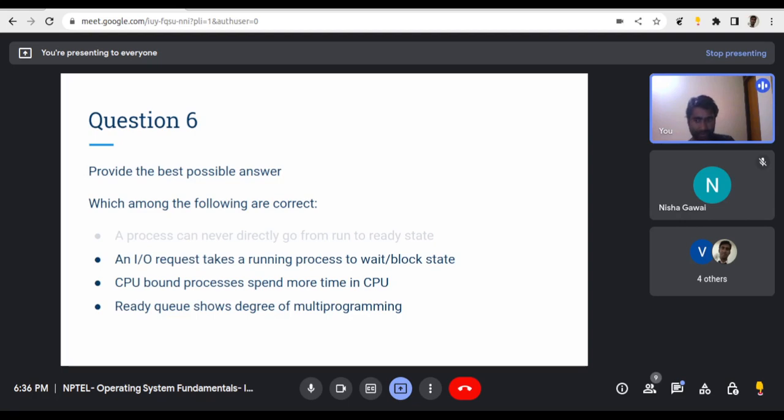Which process will be picked up from the ready queue is determined by a scheduler known as the short-term scheduler. The short-term scheduler becomes very important because, depending upon the process that it picks up for execution in the CPU, that will determine how the CPU is being utilized.